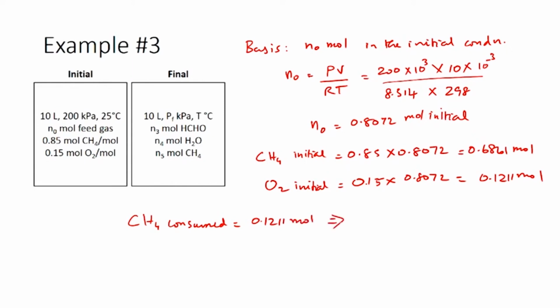This implies methane in the final condition, which is N5, would be equal to initial methane minus methane consumed, which is 0.6861 minus 0.1211, giving you a value of 0.565 moles. This is the number of moles of methane present in the final condition.